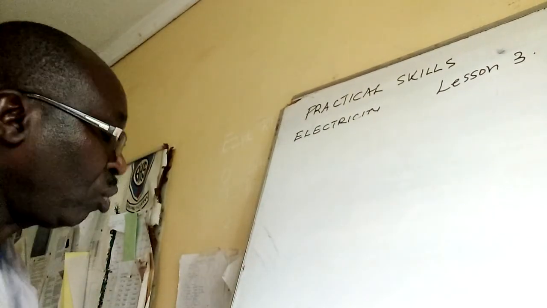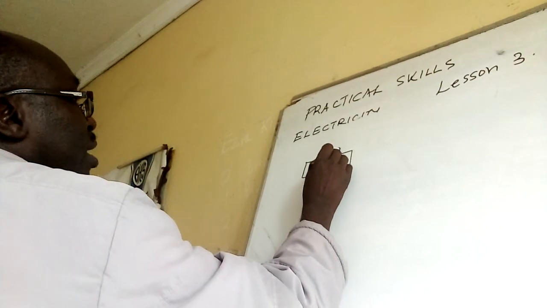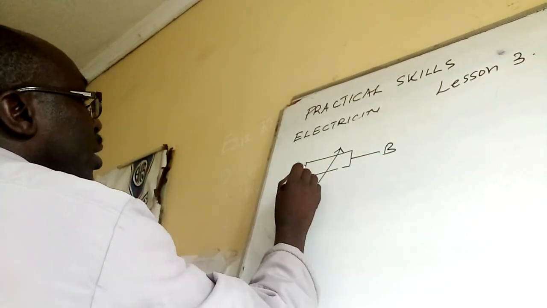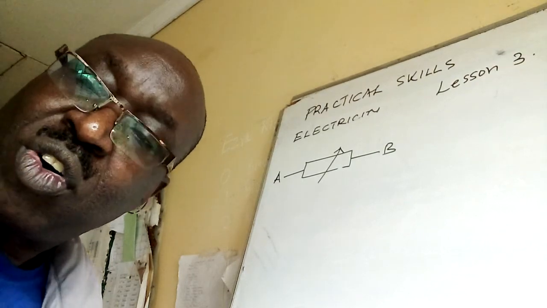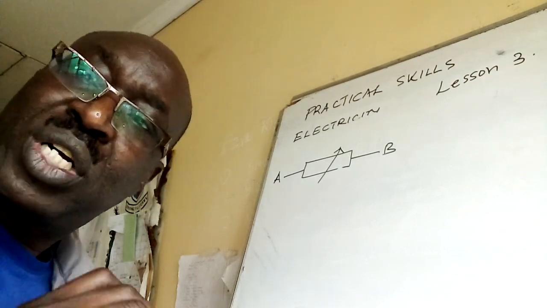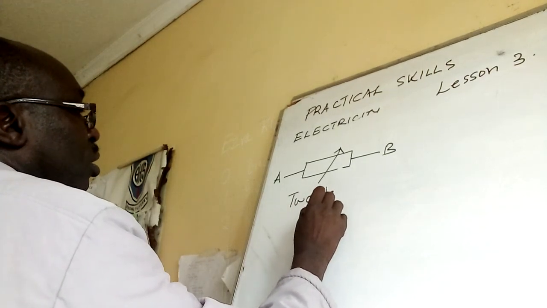So I have there a variable resistor, terminal B, terminal A. That is a variable resistor. 2 terminals.